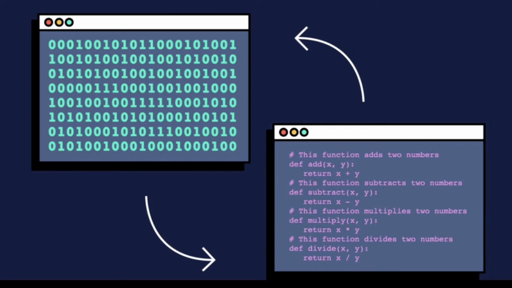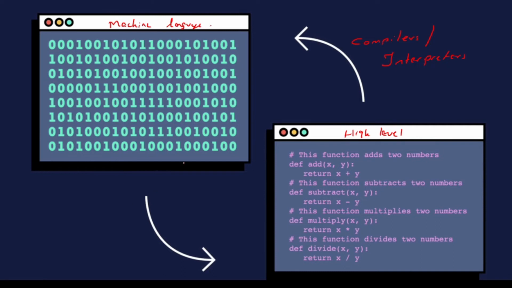So in between we have certain sets of programs which we call compilers or maybe interpreters, which convert human understandable language, which we generally call high level language, into machine understandable machine language.